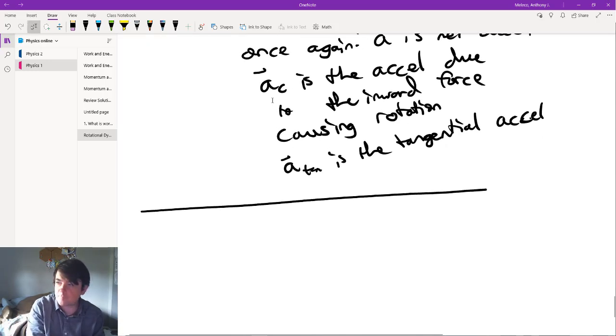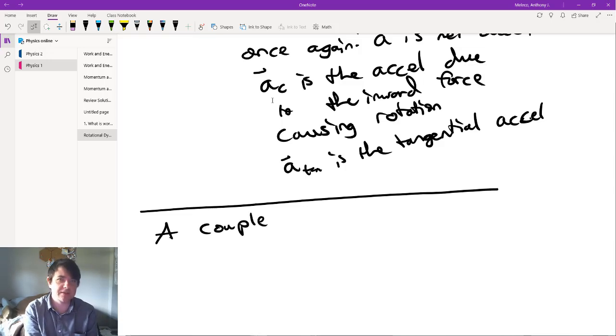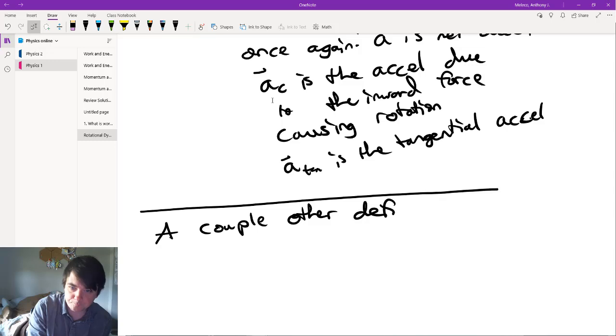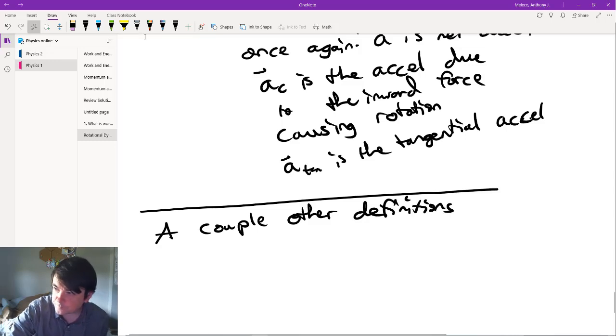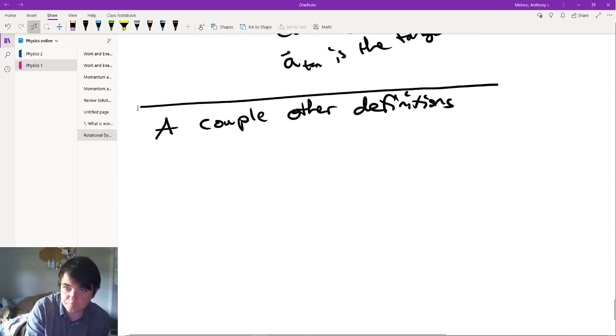A couple other definitions, and then we can get to the important equations to discuss kinematics when it comes to rotation. A couple other definitions that you may see come up when you're talking about rotation.